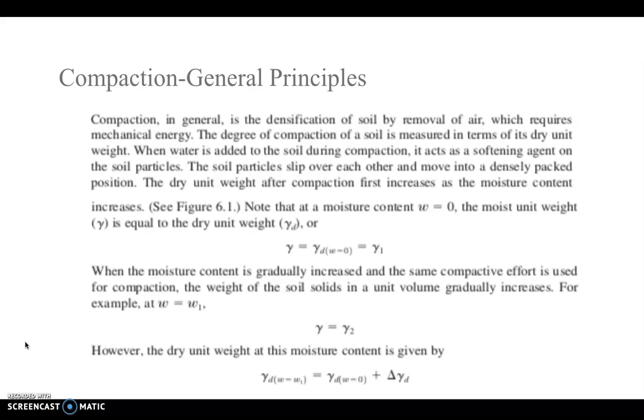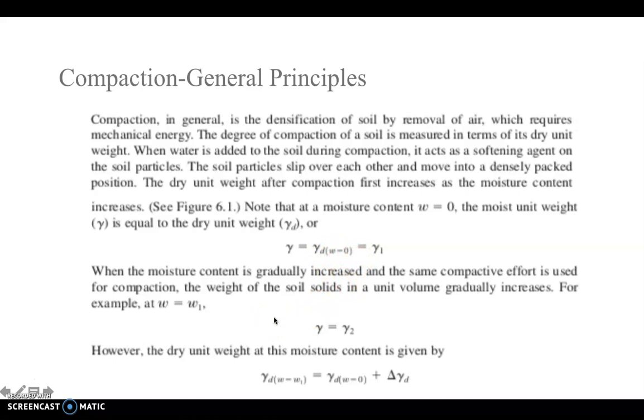We have to take note that when the moisture content is equal to 0, the moist unit weight, gamma, is equal to the dry unit weight. So we have here this expression for the unit weight, wherein it is equal to the dry unit weight as long as the moisture content is equal to 0.